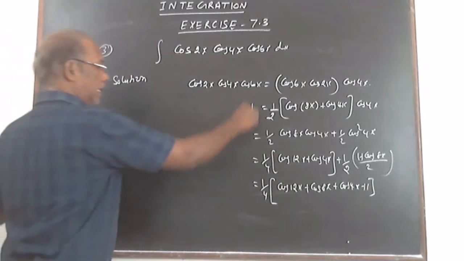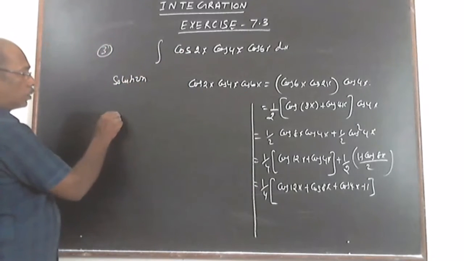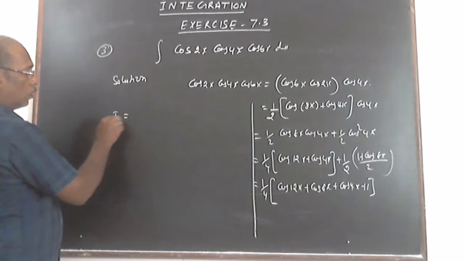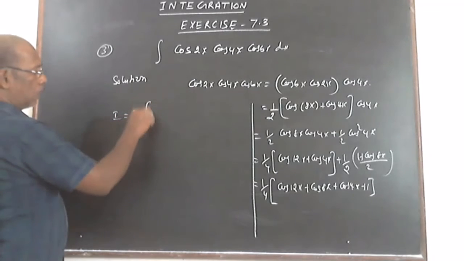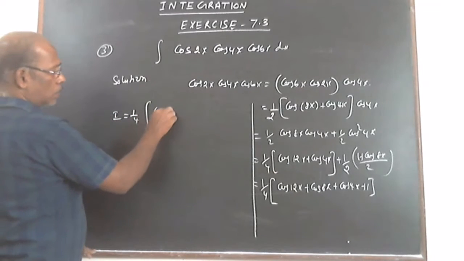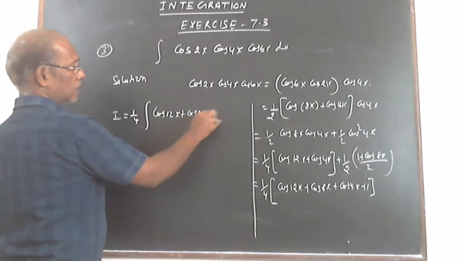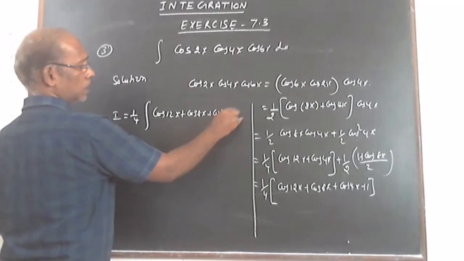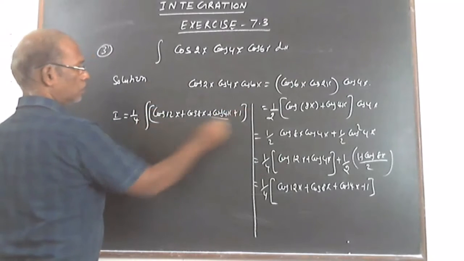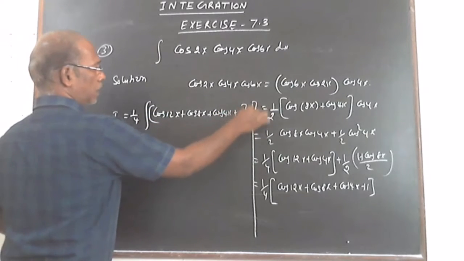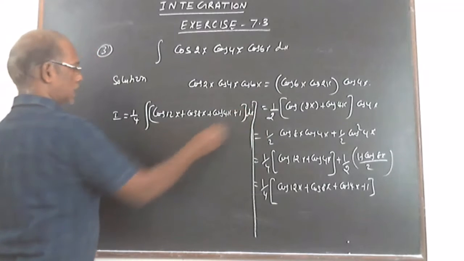Now we can integrate. I equals 1 by 4 integral of cos 12x plus cos 8x plus cos 4x plus 1, integration with respect to x, that is dx.